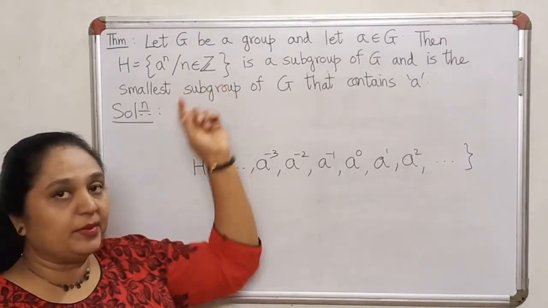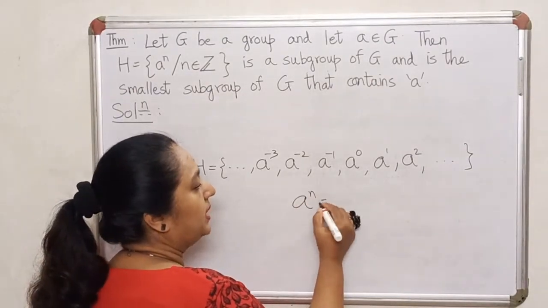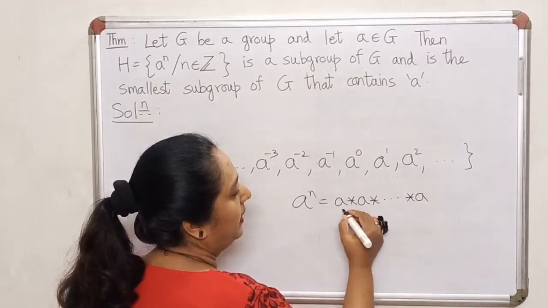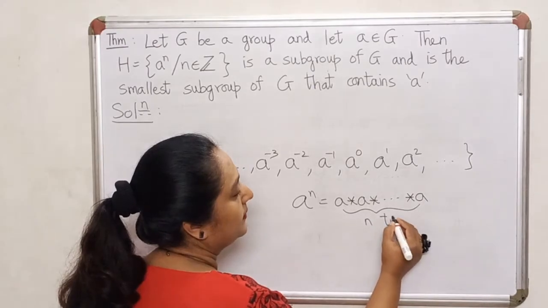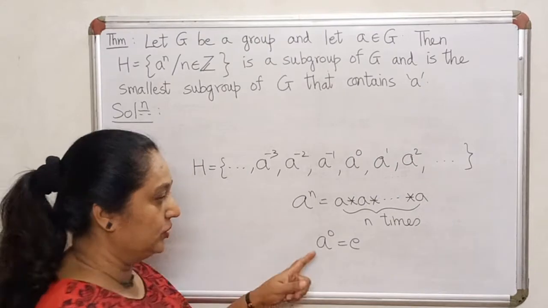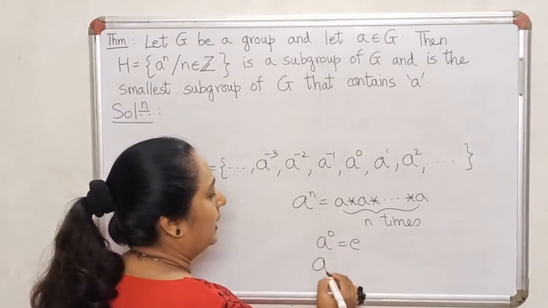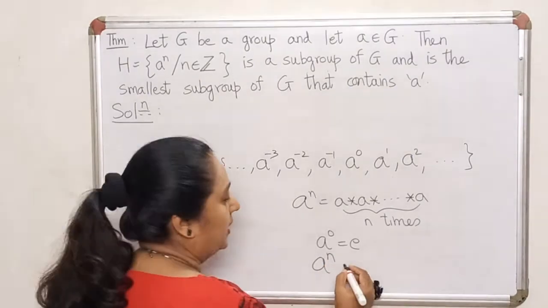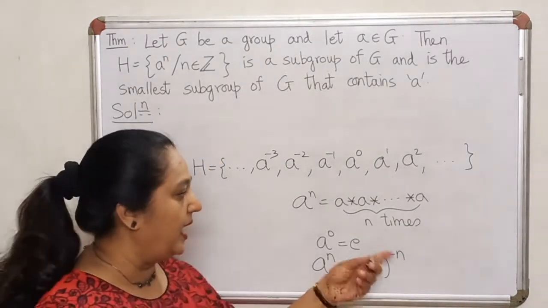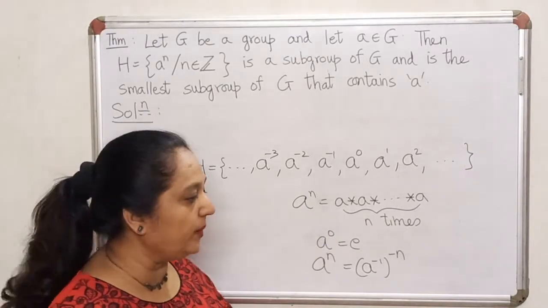If n is a positive integer, then by a raised to n, we simply mean a star a, n times. We defined a raised to 0 as e, but we also gave the motivation for this definition. And finally, if n is a negative integer, then we can always write it as a inverse raised to minus n, and minus n is a positive integer, so it has a similar meaning.